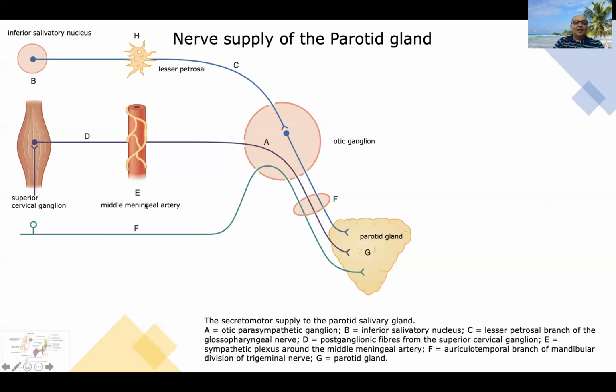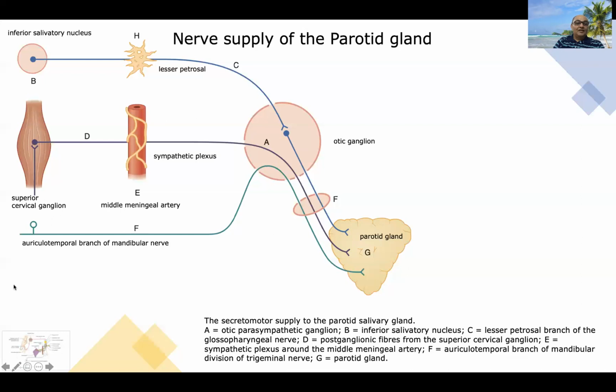This is my middle meningeal artery, one of the branches from my carotids. So now you can see that there's a plexus which has been formed over this artery, and that plexus has a name. This is a sympathetic plexus, and from this plexus we derive sympathetic fibers. Now you can see that these sympathetic fibers pass through this otic ganglion, but they don't relay here. They go directly to my parotid gland, carrying the sympathetic fibers.